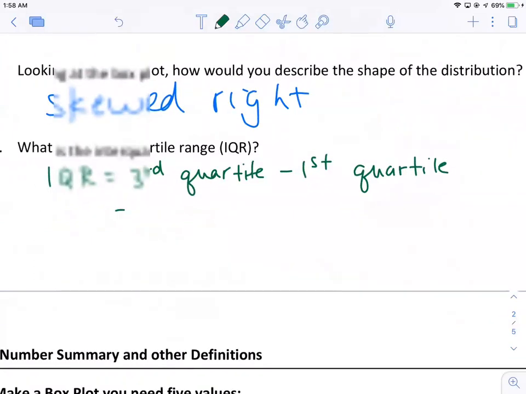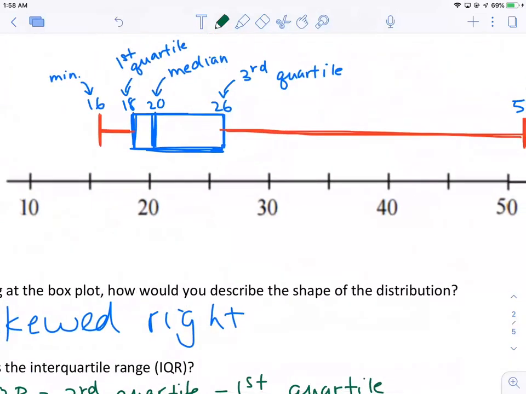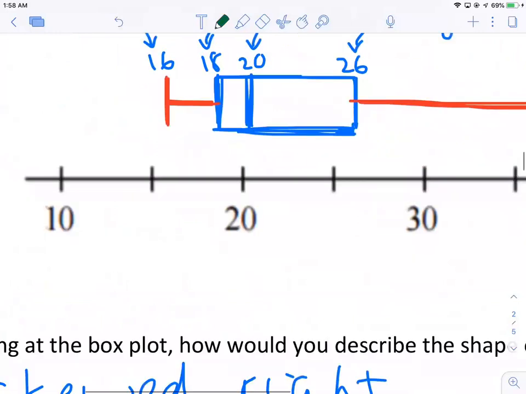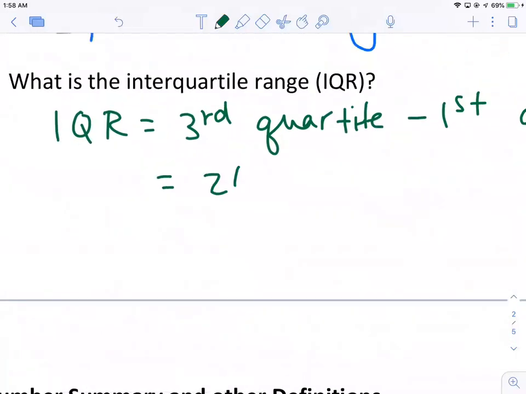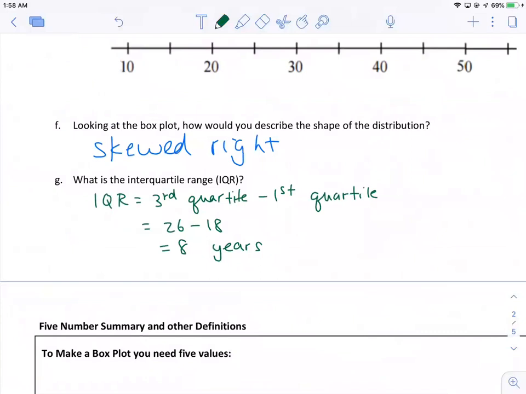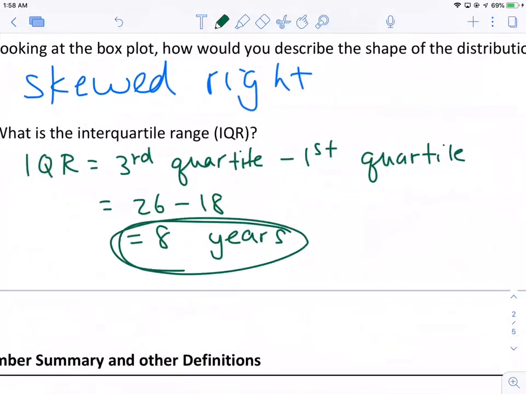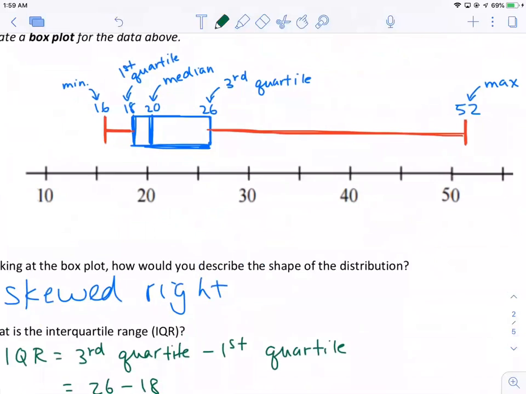That's going to equal our third quartile here, 26, minus our first quartile, 18. So that is 26 minus 18, which equals 8 years for our interquartile range. So instead of max minus min, it's the 75th percentile minus the 25th percentile. It gives you the difference in ages of the middle 50% of your data, in other words.